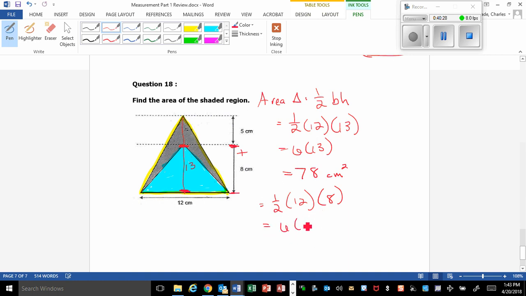So 1/2 of 12 is 6 times 8, which equals 48. So now all I have to do is take the overall triangle, the big one, subtract out the little one, and so I get 78 minus 48, which equals 30 centimeters squared. So that would be the area of the shaded region.